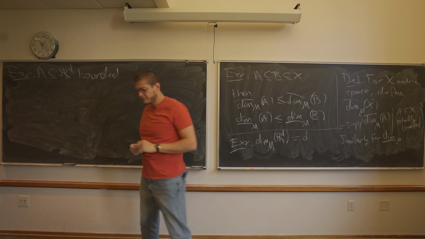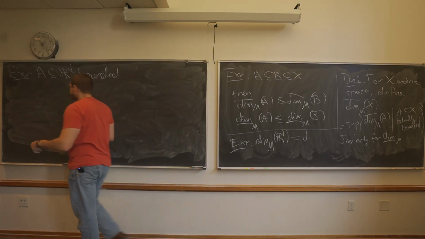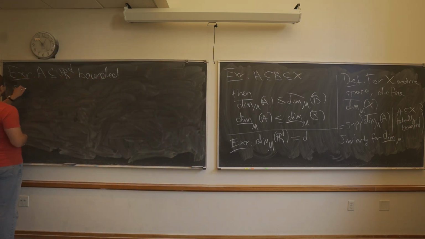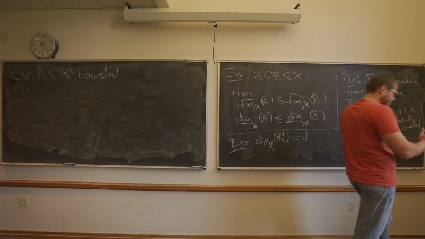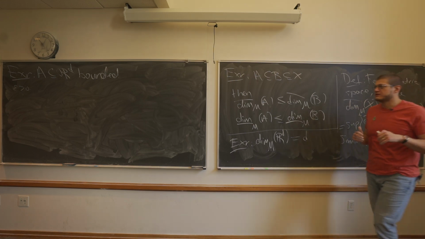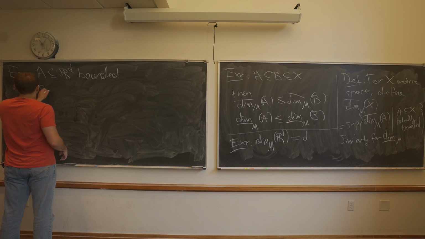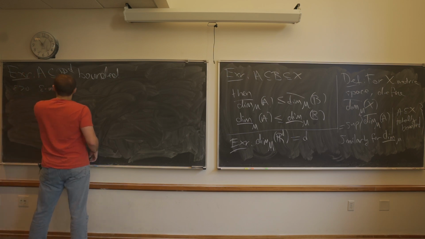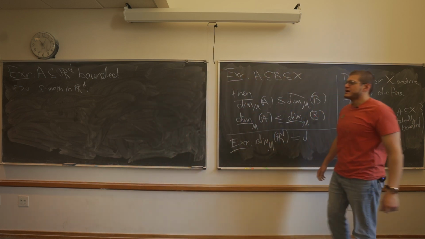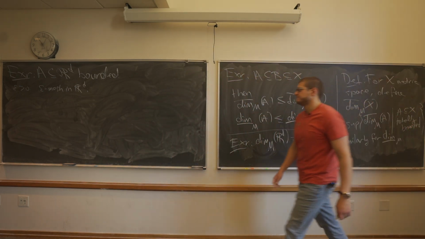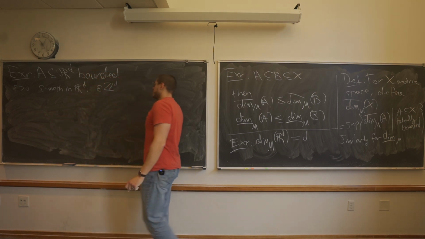I'm going to take a bounded subset. I'm going to take an epsilon, and I'm going to look at what is called the epsilon-mesh in R^d. An easy way to denote this is to write it as epsilon times Z^d.